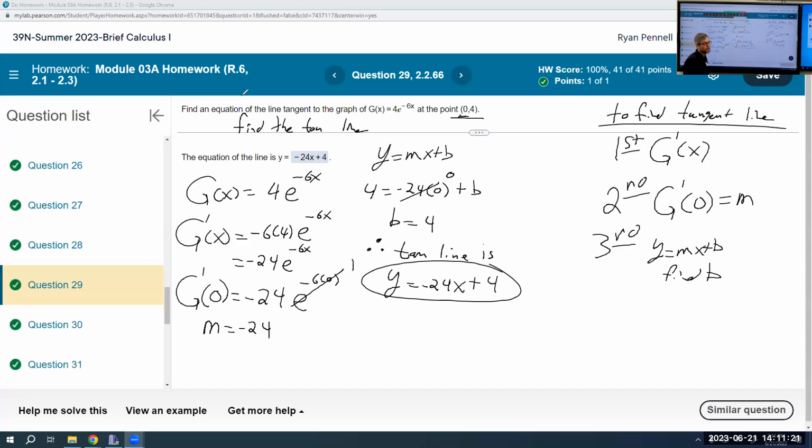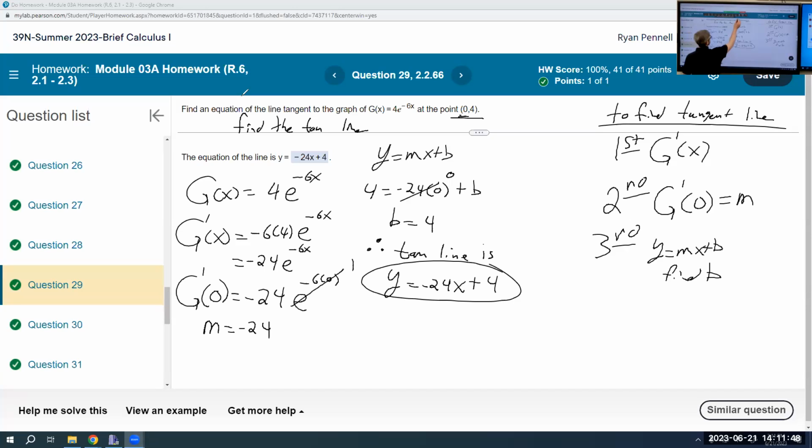Classic Calc 1 question, find the tangent line at this point. I can't remember if it's on your midterm, but it probably is. I mean, that's just one of those classic ones, and I don't remember which one it asked for. I'll have more to say about the midterm next, but at least for now, that's how you find the tangent line if it involves e. That's 29.